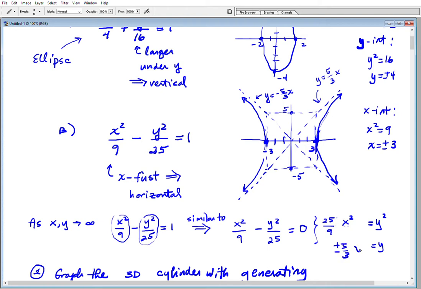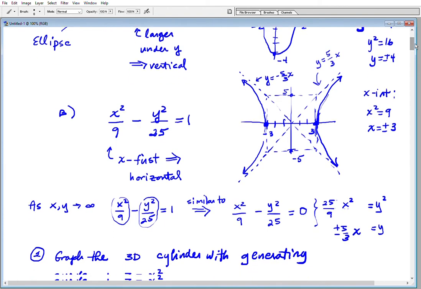So you see where that comes from. This is called an oblique asymptote, oblique meaning not horizontal or vertical. It comes from looking at this equation. This is an approximate way of seeing that. If you look at this equation, when x and y go to infinity, the 1 is insignificant. So it tends to this equation, which is these two lines.